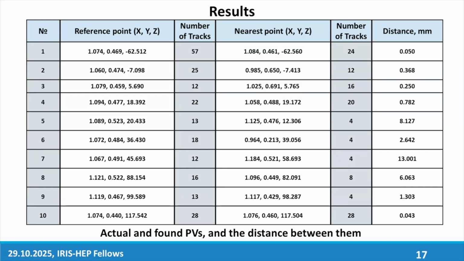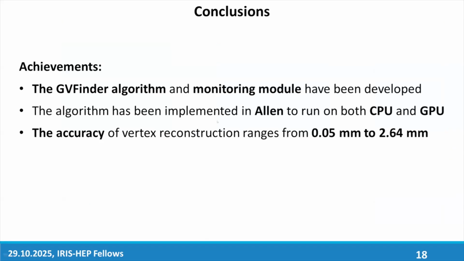Okay, so we've talked about some of the achievements. For now, we have this GDV finder algorithm and a monitoring module, which gives us the visual comparison, and the algorithm which makes all these three main stages.